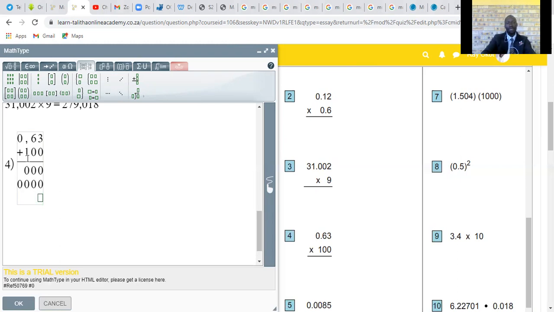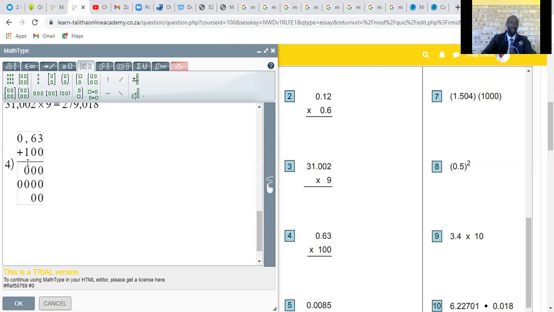Now notice that everything else that we will get as a product, the first number will start right under 1 here. So that means this number and this other one will not have anything below them. And because of that, we will put zeros to hold the place.